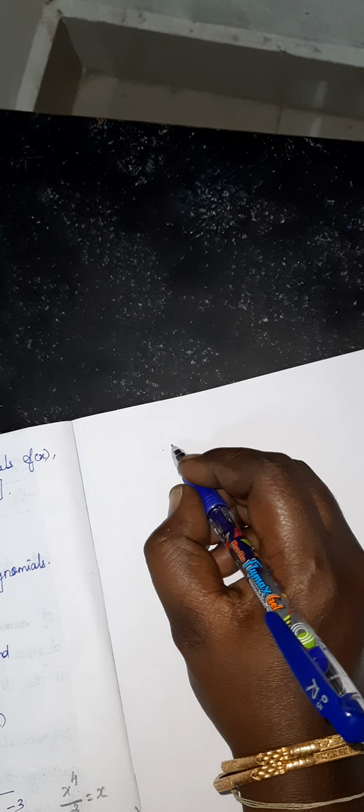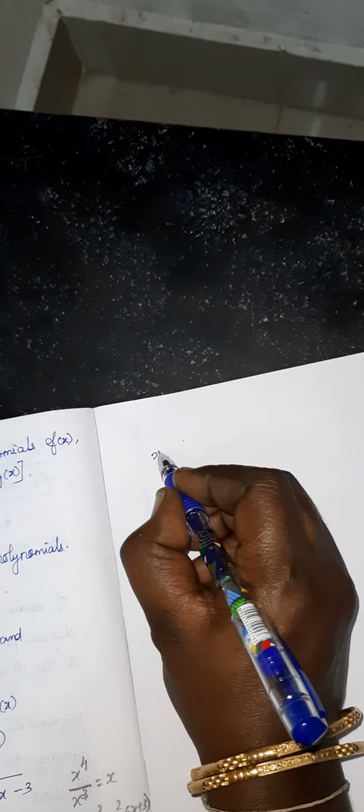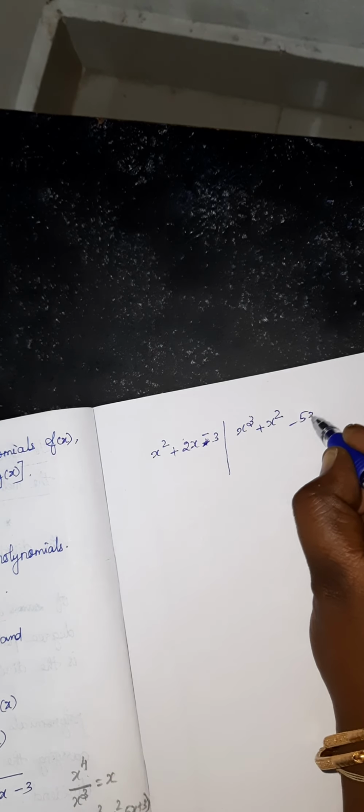Now you see, first write the divisor on the left, x square plus 2x minus 3. Then write the dividend, x cube plus x square minus 5x plus 3.